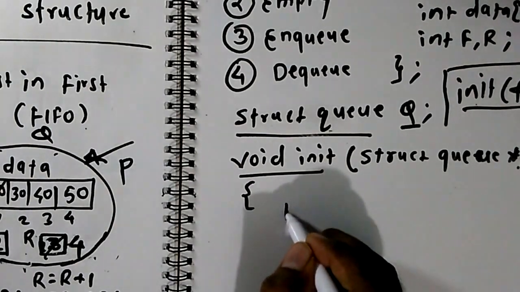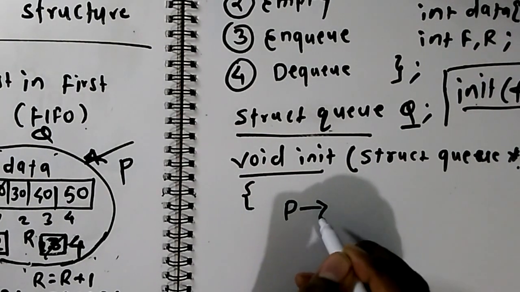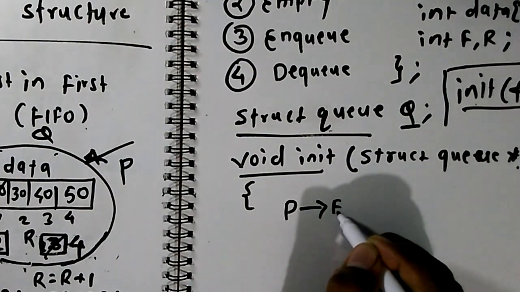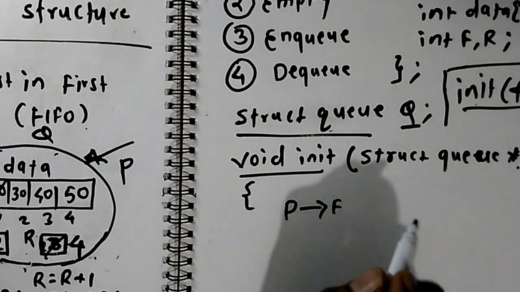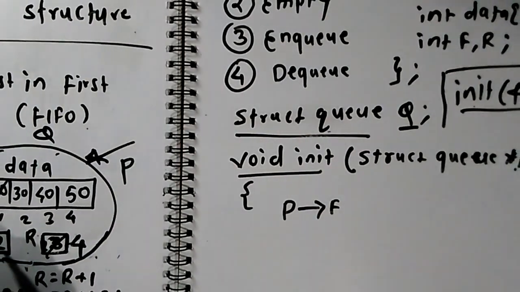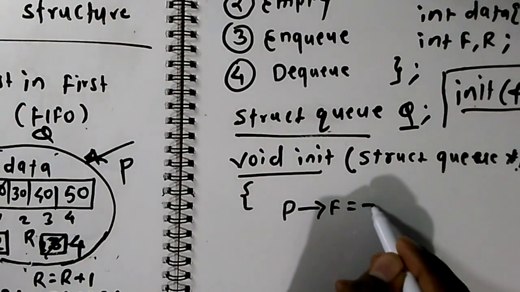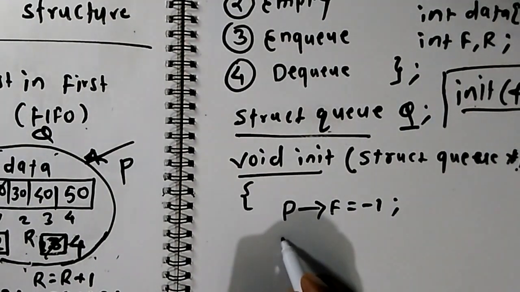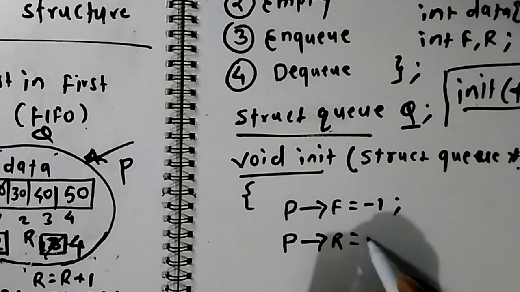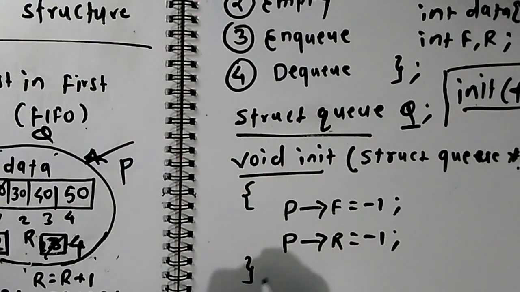It's done like this: name of the pointer, arrow operator, and name of the member of the structure which I want to access. I want to access this f, so p arrow f will give me access to this f, and I want to set it to -1. Also, I want to set this r to -1, so I'll say p arrow r equal to -1. That's the init operation, and it will set front and rear to -1.